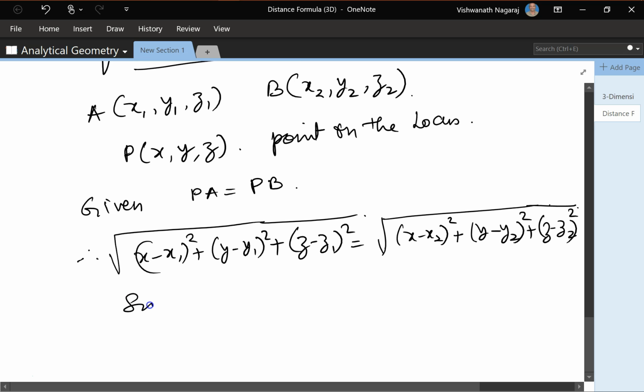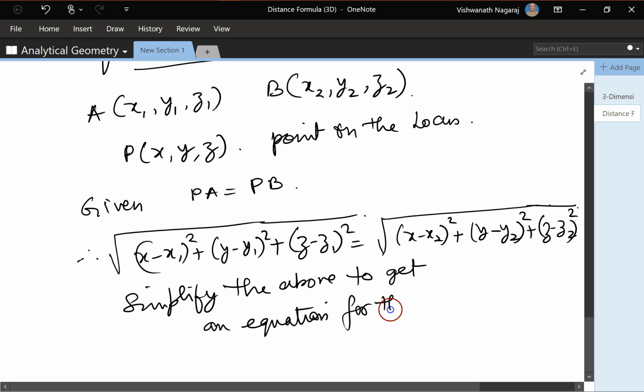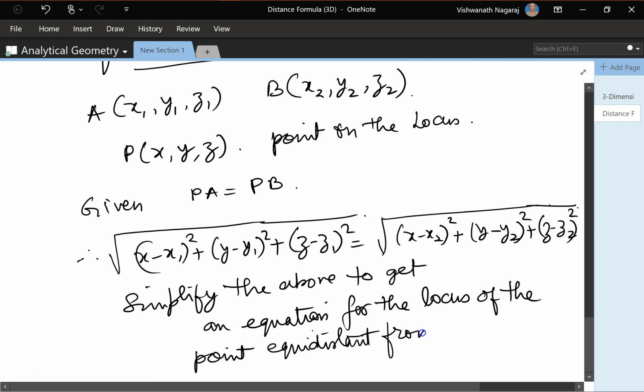Now simplify the above to get an equation for the locus of the point equidistant from A and B.